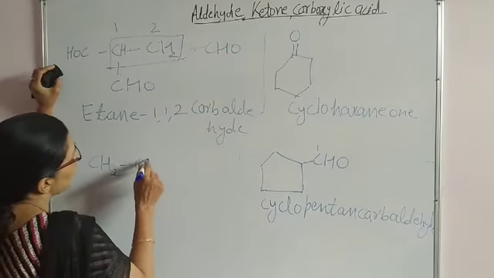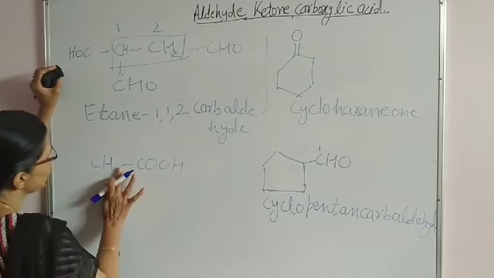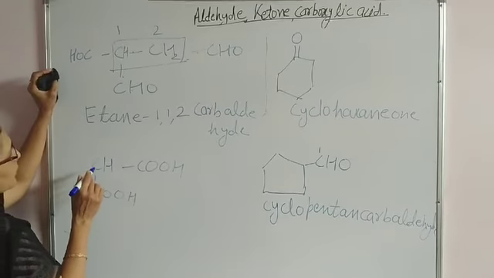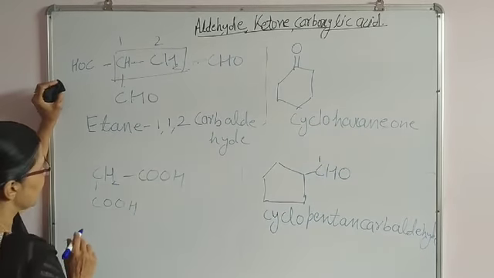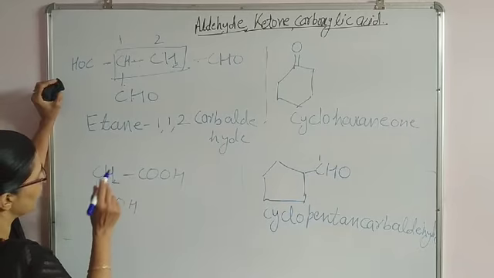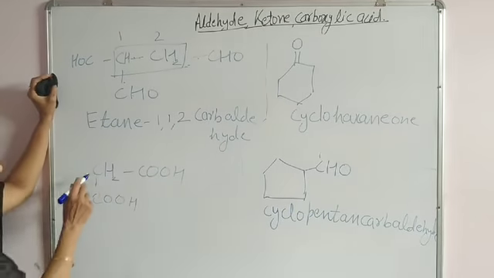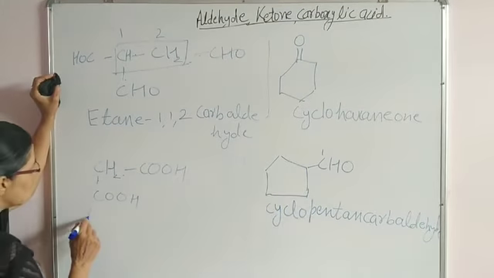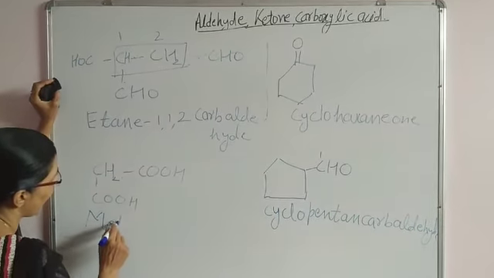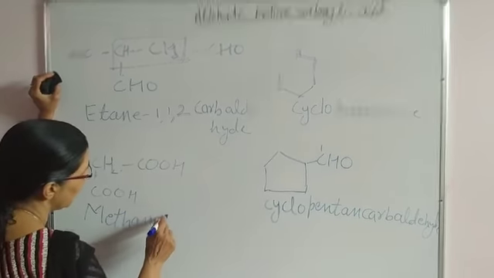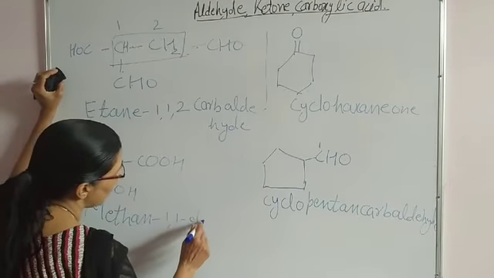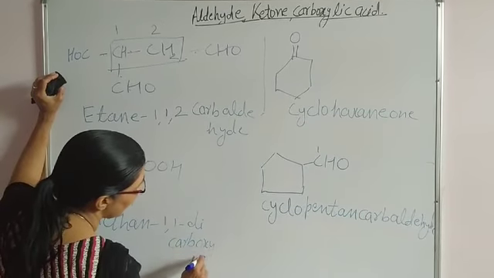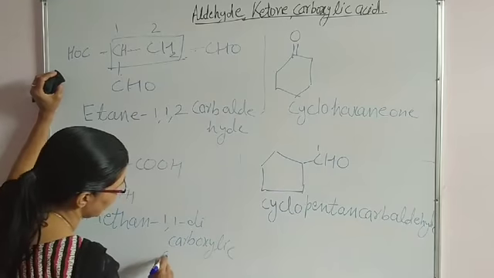Suppose CH2, COOH, then what to do? 1, 2, 3, 4, all valency is clear. You can see that methane 1 dicarboxylic acid.